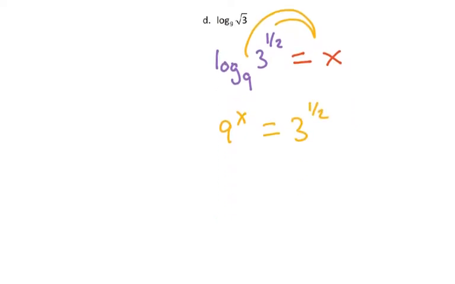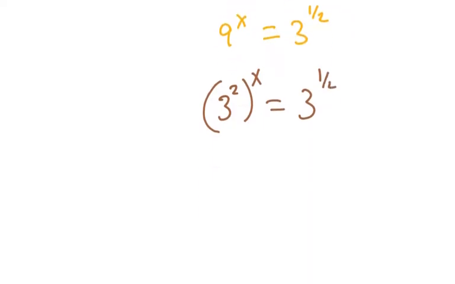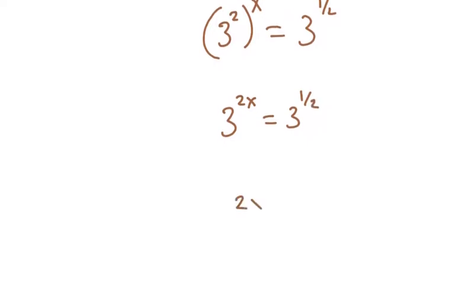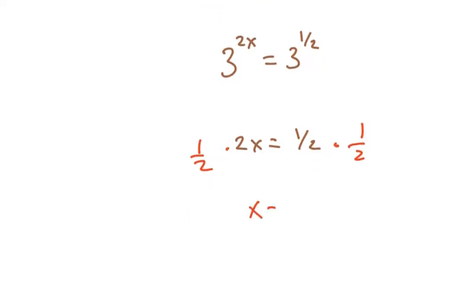And once I write it as such, I can convert 9 to 3 squared, raised to the x equals 3 to the 1/2, which is equivalent of saying 3 to the 2x equals 3 to the 1/2, which is equivalent of saying 2x equals 1/2. Just divide by 2. I'm going to write it as multiplied by 1/2 because it's a little easier to visualize as a fraction. And x equals 1/4. And there you have it.